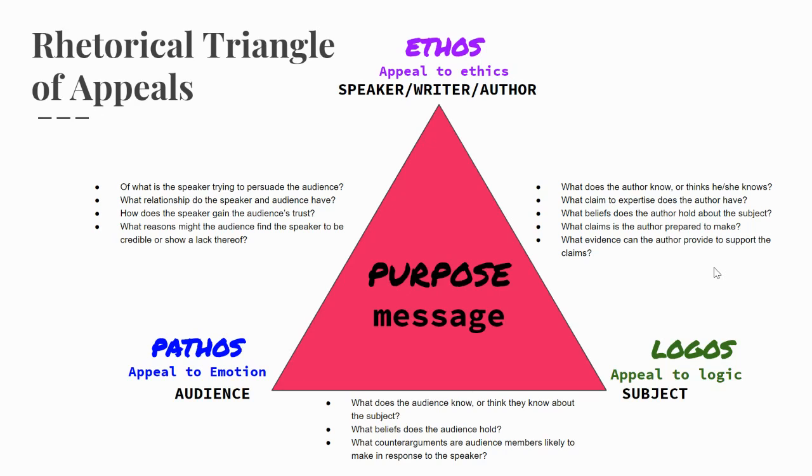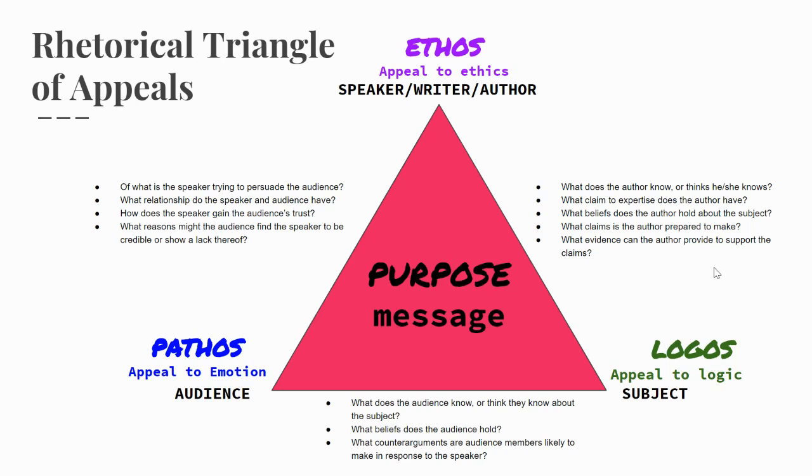Because if the audience doesn't trust the speaker, then they're really not going to be persuaded by whatever message is being said here. And then finally, what are the reasons that the audience might find the speaker to be credible, or even show a lack thereof? Maybe the speaker isn't credible, and how does the audience react to that?